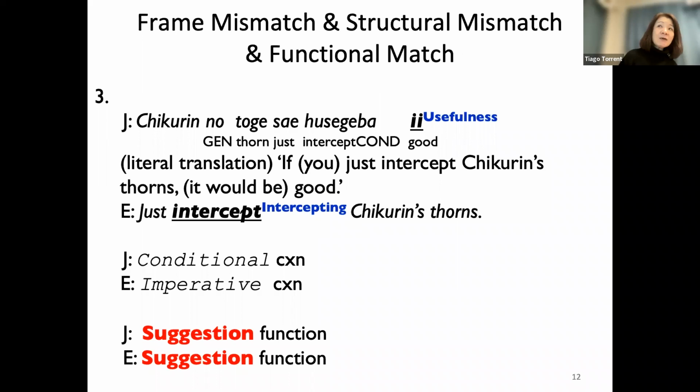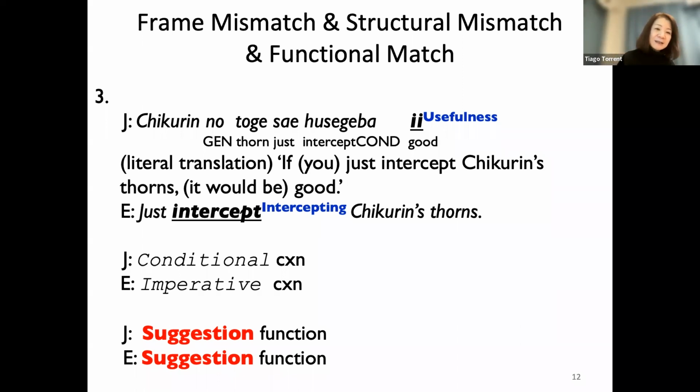Okay, so let me give you the last example of a frame mismatch, structural divergence, but functional match. First of all, the heads of the sentences in Japanese and English evoke different frames. In the case of Japanese, the usefulness frame, and in the case of the English sentence, the main verb evokes the intercepting frame, and they have different structures.